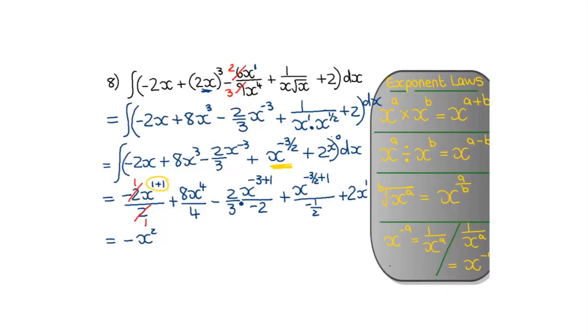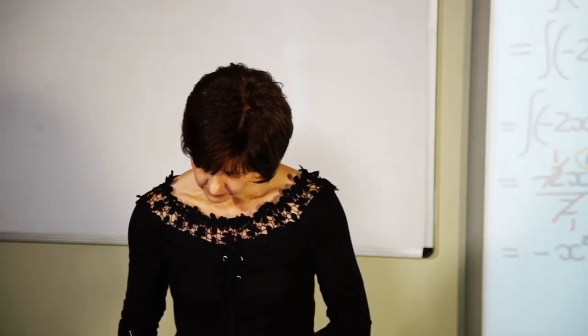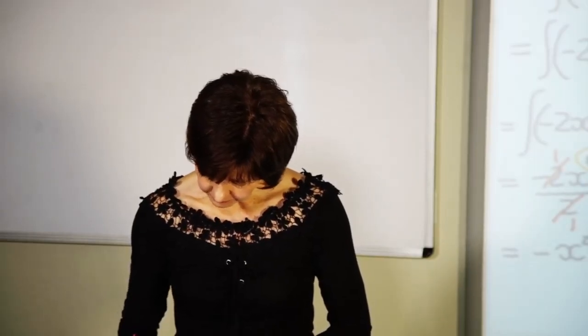So here, 4 will go into 8 2 times, which will give me a positive 2x to the power 4. In the next one, I've got a negative to be multiplied with a negative, which will give me positive. The 2 will cancel with a 2, so I'm actually left with 3 below the line, x to the power -2. Okay, let's look at the next one.